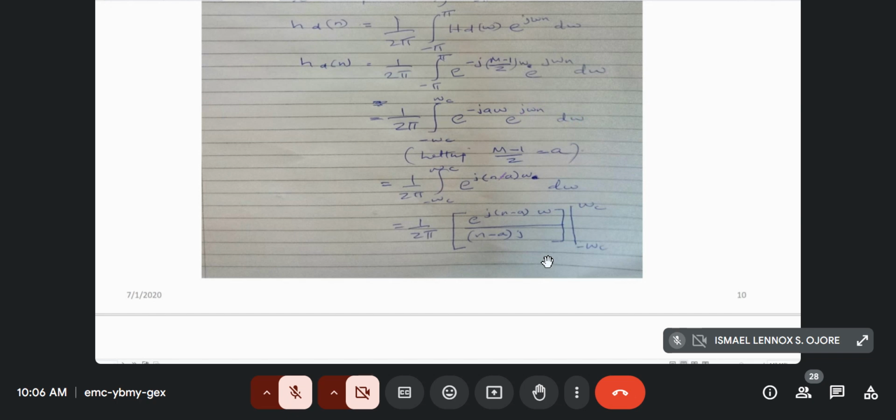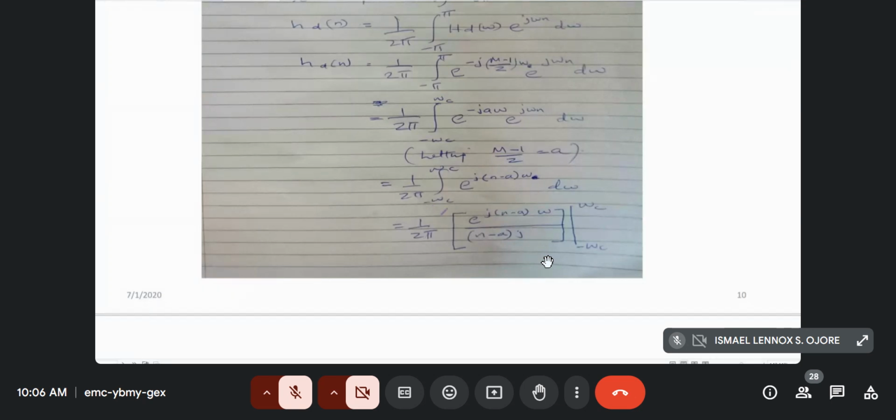This simply becomes 1 over 2 pi, integral from minus omega c to omega c, of e to the j (n minus a) omega d omega.